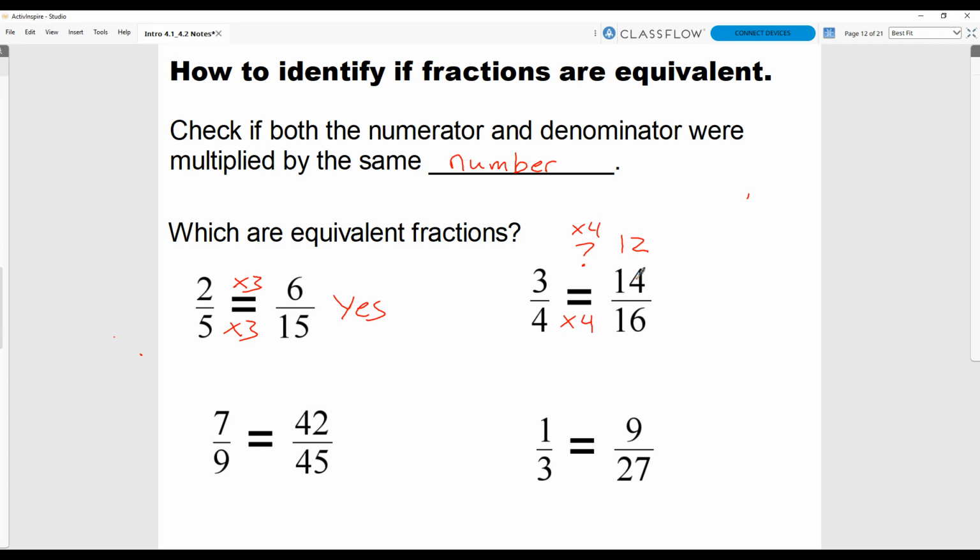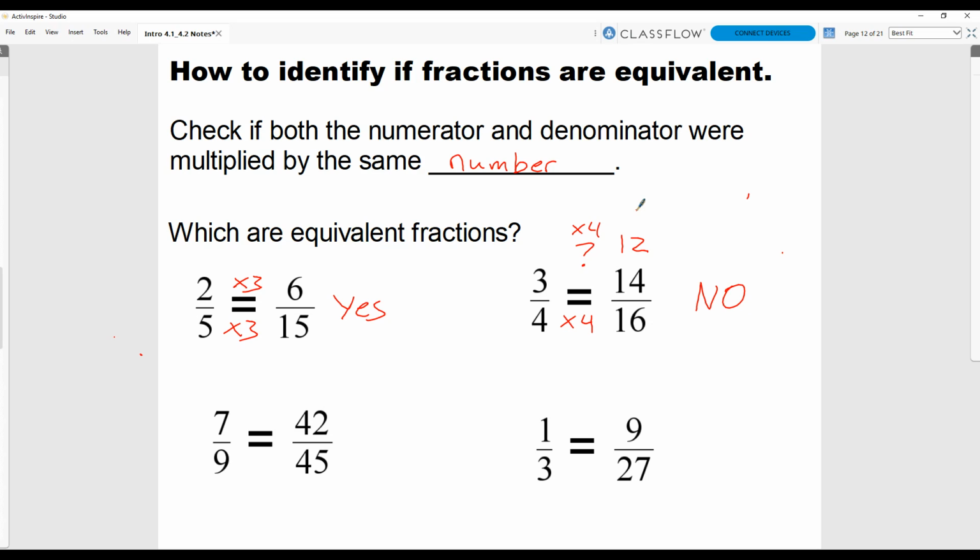So these two are not equivalent, because this 14 would have to be a 12 for it to be an equivalent fraction. They both have to get multiplied by the same number. So 3 got multiplied by something else to get 14. It definitely wasn't a 4.